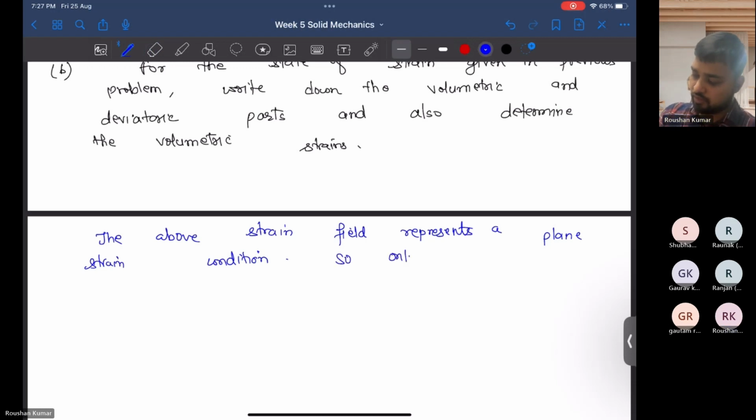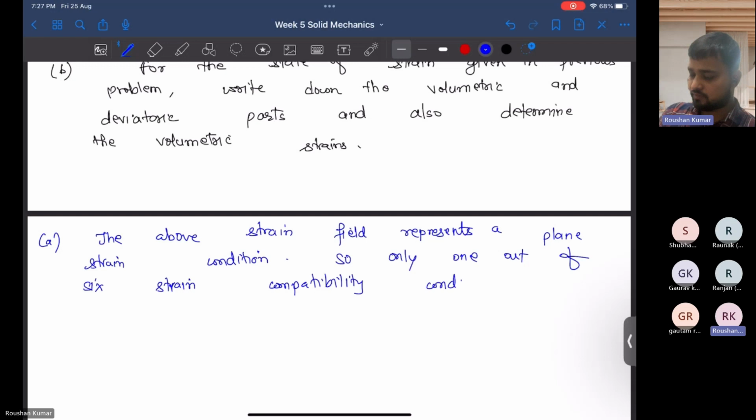Only 1 out of 6 strain compatibility conditions needs to be checked. The other five are trivially satisfied.